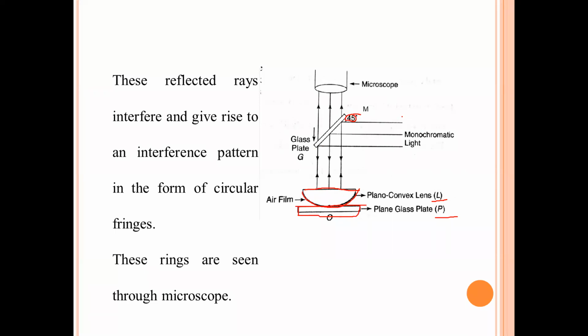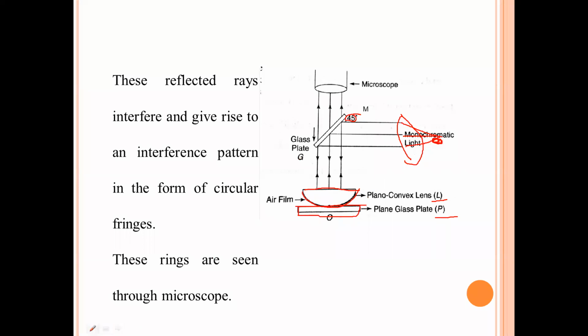Here, there is a monochromatic light. We also use another convex lens, which is used to convert the light into a parallel beam of rays. This monochromatic light is a sodium vapor lamp. It is yellow in color.